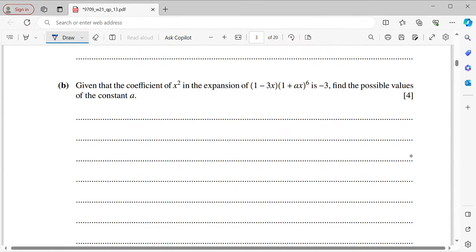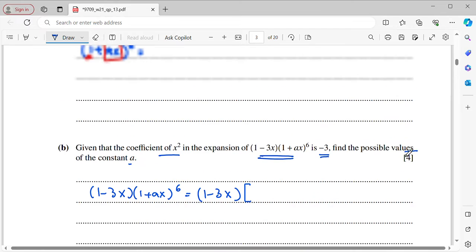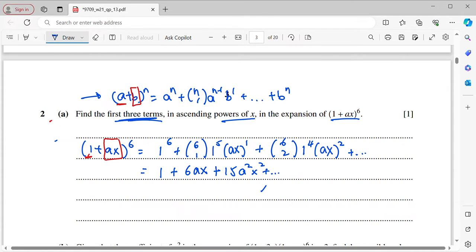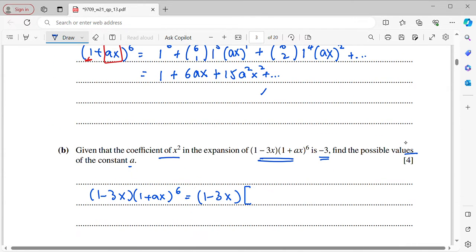Now b, given that the coefficient for x squared in this expansion is minus 3, find the possible values of a. So (1 minus 3x) multiplied with (1 plus ax) to the power 6. Just now we have solved for the expansion of (1 plus ax) to the power 6, so I will rewrite those three terms from the previous part. Then you will be getting 1 plus 6ax plus 15a squared x squared.